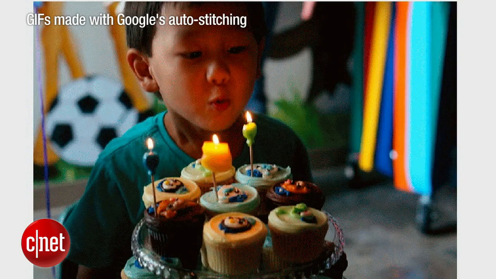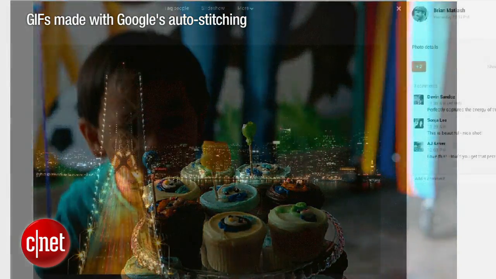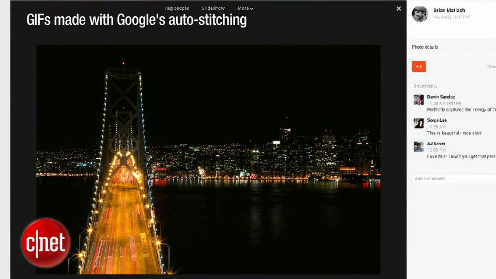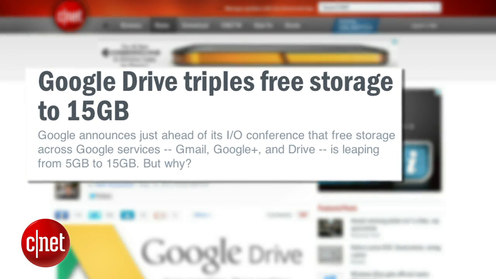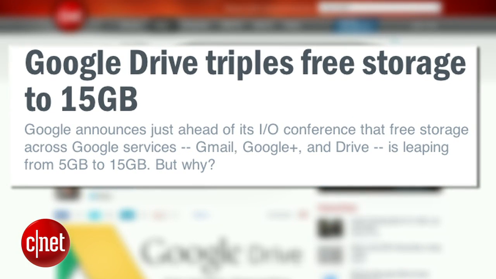We saw this with Google Plus over the past year as Gmail and Google Drive were brought in. These things are really becoming components of the same whole as opposed to discrete services. And you get your 15 gigabytes for free. Yes, they just announced Monday that you now have 15 gigabytes that you can use across Gmail, Google Drive, and Google Plus for your photos.